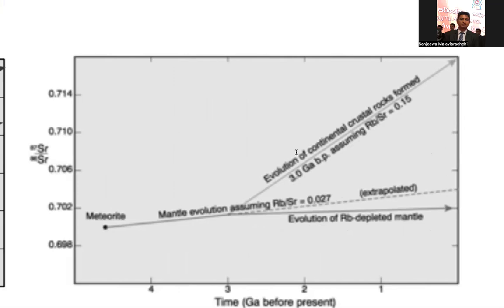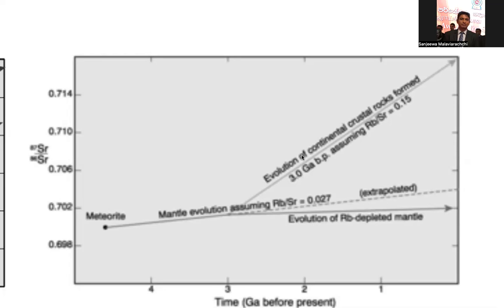Residue has less amount of rubidium, melt has high amount of rubidium. So with time it produces high strontium 87 products, because rubidium strontium parent daughter ratio matters for radiogenic decay.